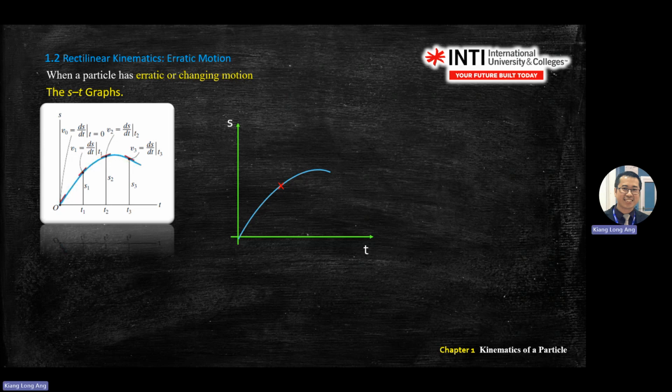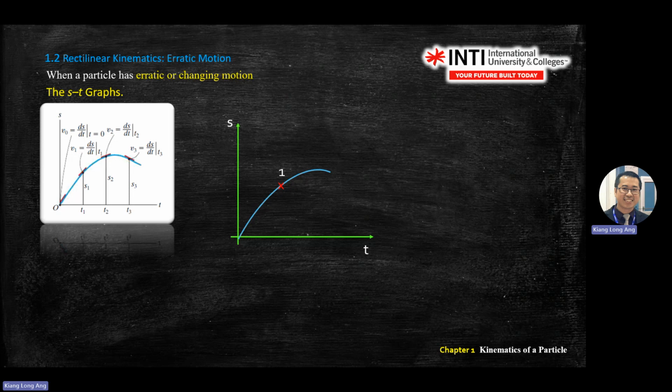So let's say you have a curve and you have point number 1 on the graph. Usually in a question, it will tell you the position from the reference point and the time. For example, a vehicle starts from the starting point and reaches a certain position, 10 meters from the starting point after 10 seconds.